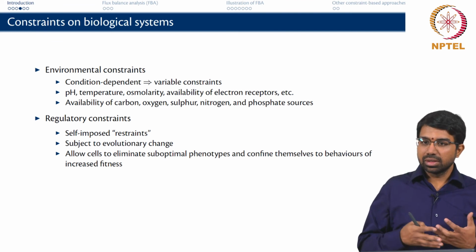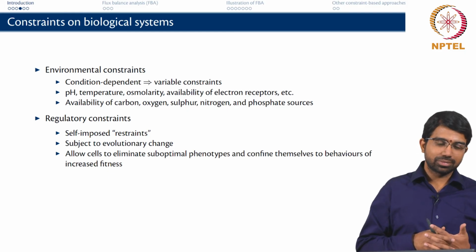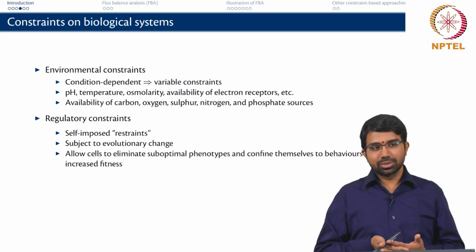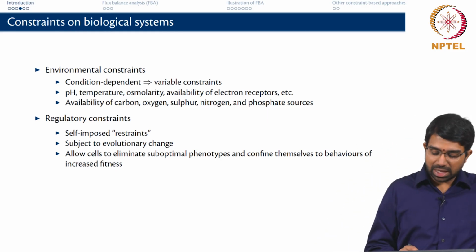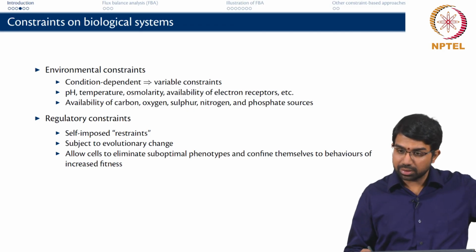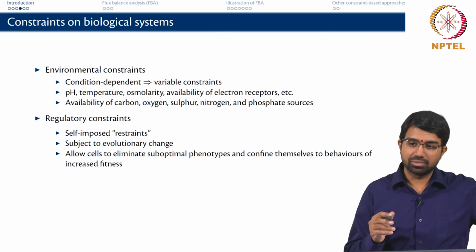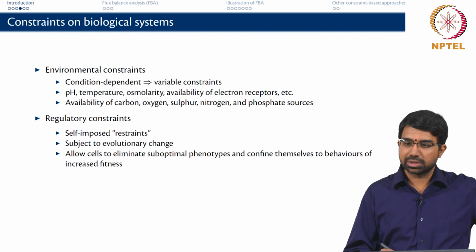So another very similar example, a cell chooses not to grow. Sporulation. Right? So the conditions seem to be reasonable for growth, but the cell is trying to eliminate a suboptimal phenotype, which could be reasonable growth under some harsh conditions, and confine itself to a behavior of increased fitness.